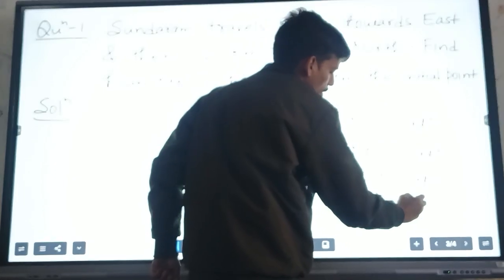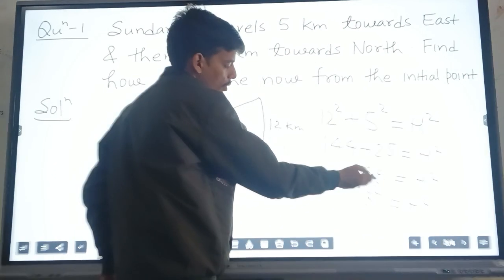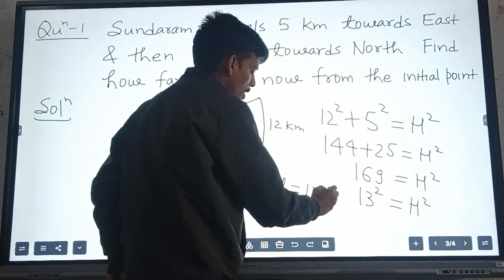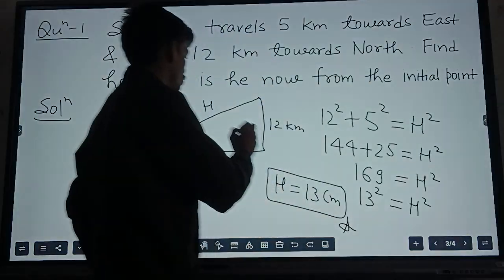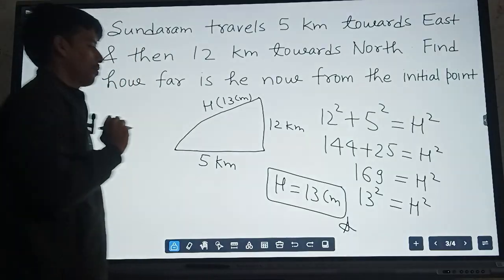So 13 square equals hypotenuse square, taking the square root on both sides, hypotenuse equal to 13 centimeter. It is our final answer.